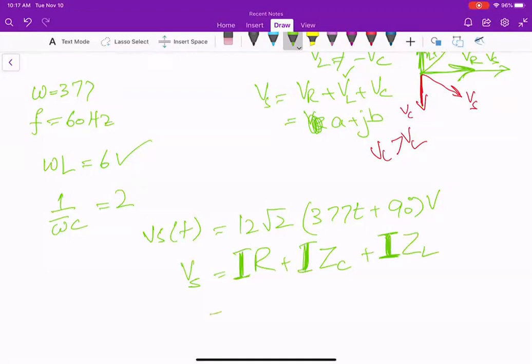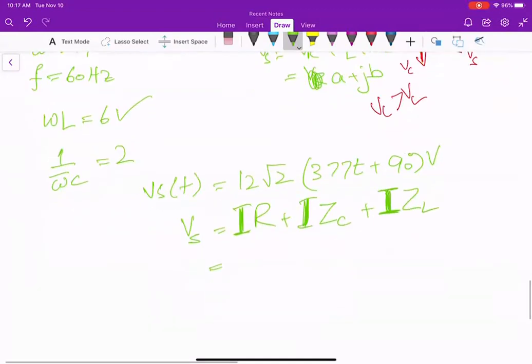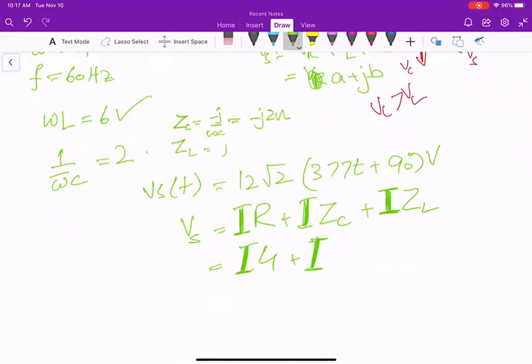Okay, and this will make it as our ZC is minus j over omega c, which will make it minus j2 ohms, and ZL is j omega L, which will make it j6 ohms.